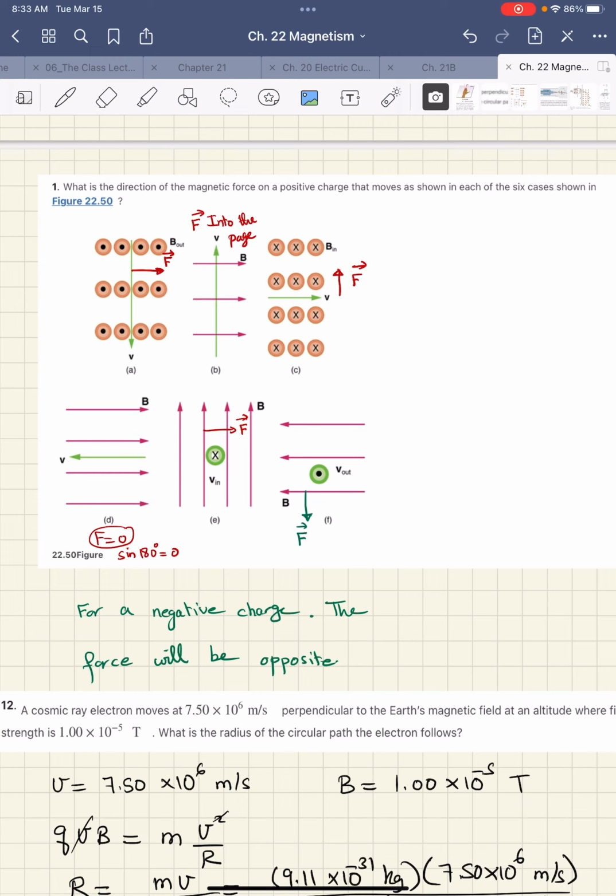Then F should be perpendicular to these 2 vectors, and it should be to the right.